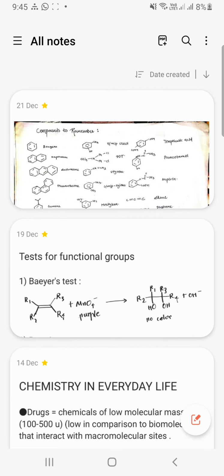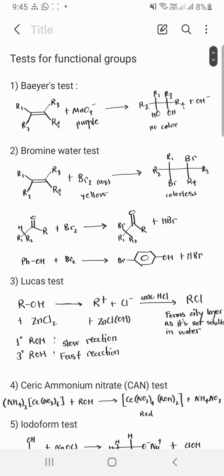Next, let's go for tests for functional groups. Baeyer's test. This KMnO4 is called Baeyer's reagent, and it does this thing: purple to no color. Bromine water test. Br2 water is yellow. Yeah, it brominates the thing.